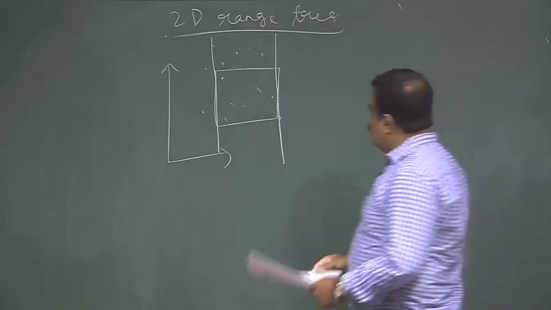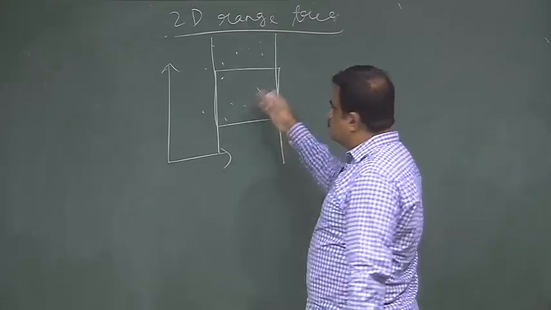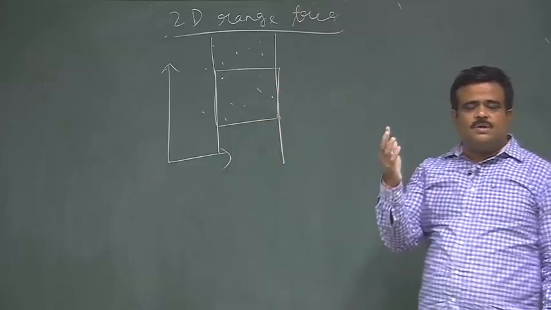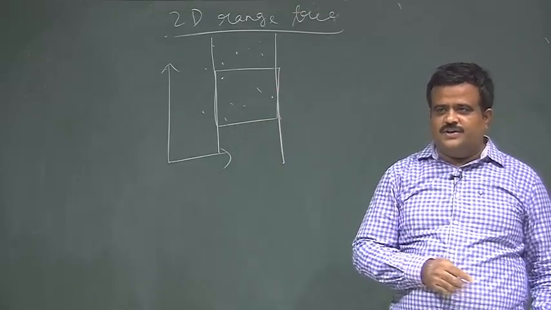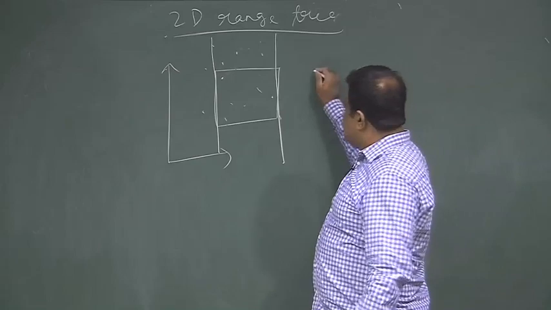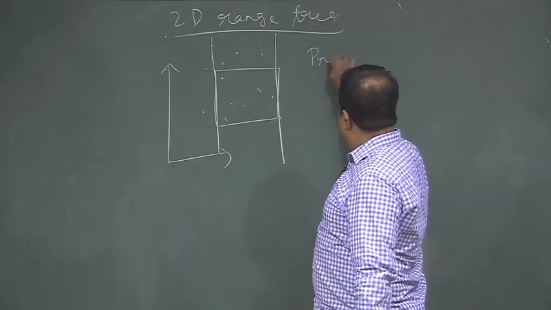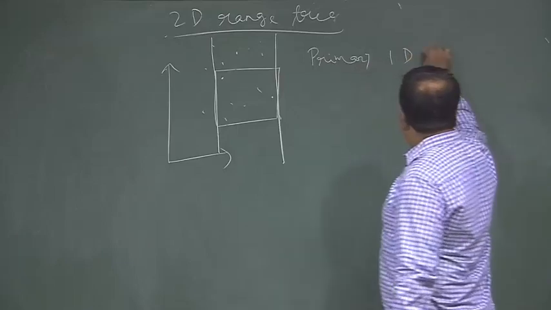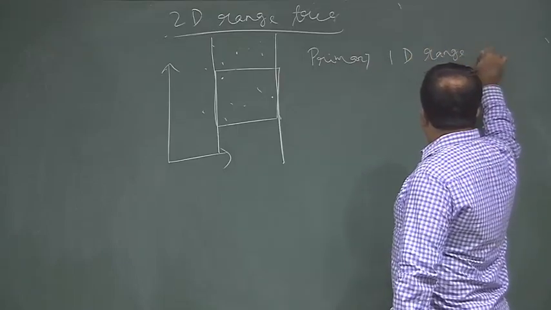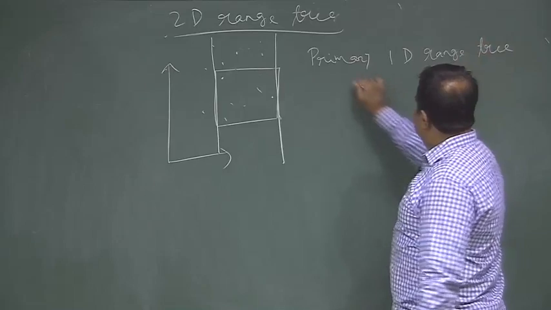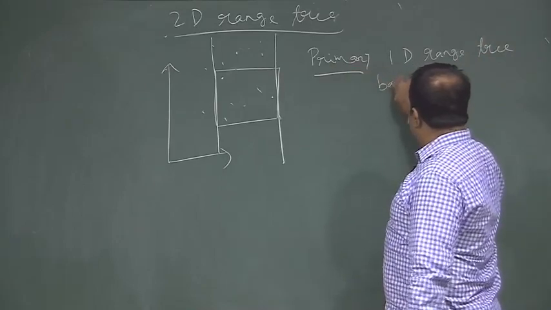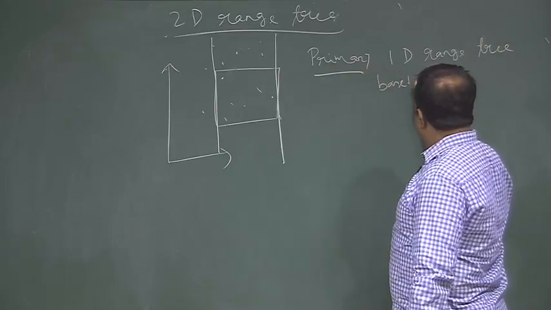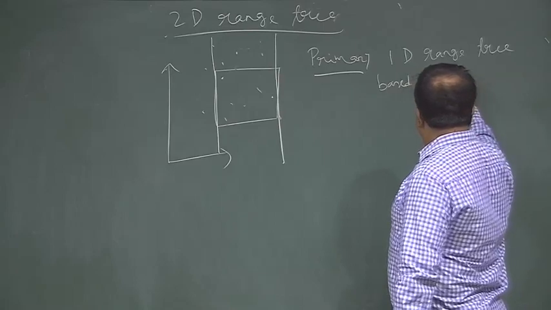Basically the idea is we store the points in a 1D range search tree. So, that is the primary tree, the primary 1D range tree. This is the primary tree based on the x axis value.